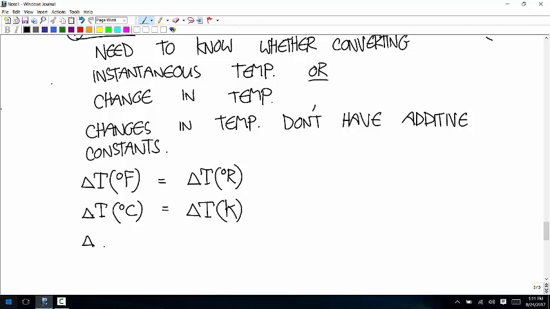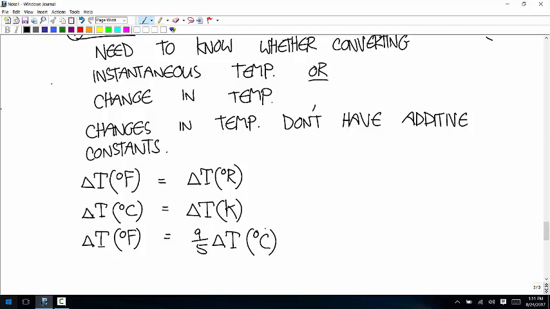And a change in temperature in degrees Fahrenheit is equal to 9/5 the change in temperature in degrees Celsius. Any questions about that?